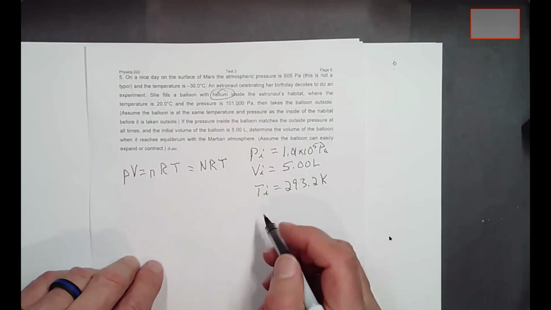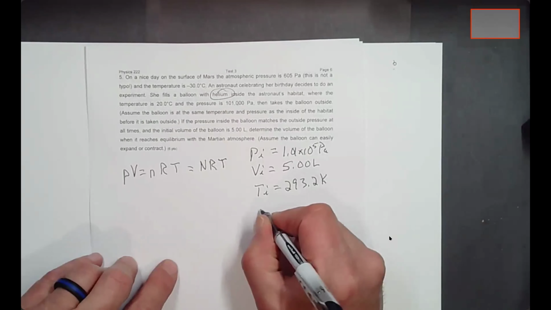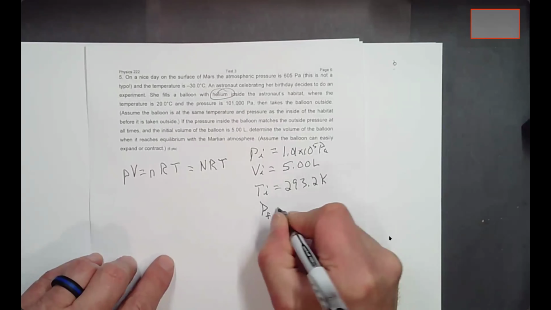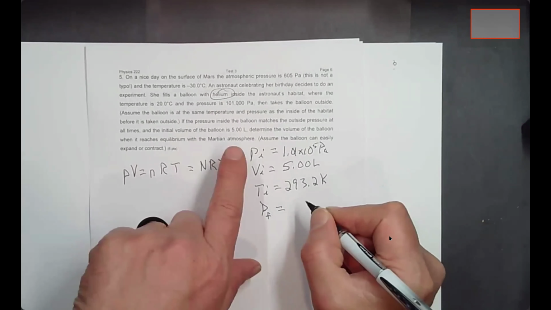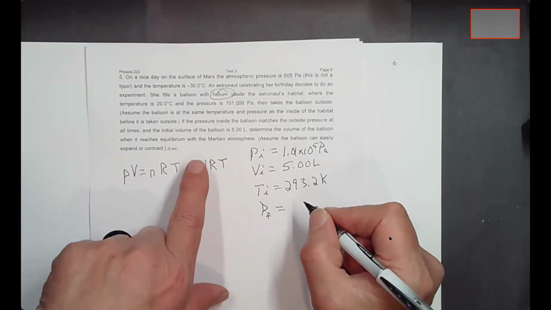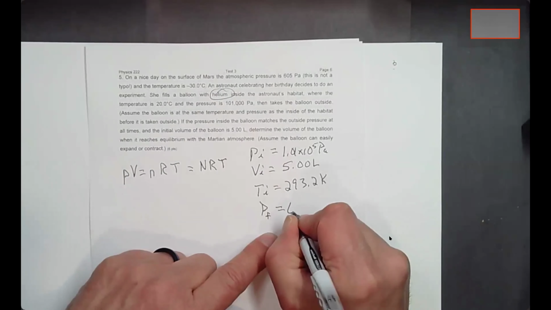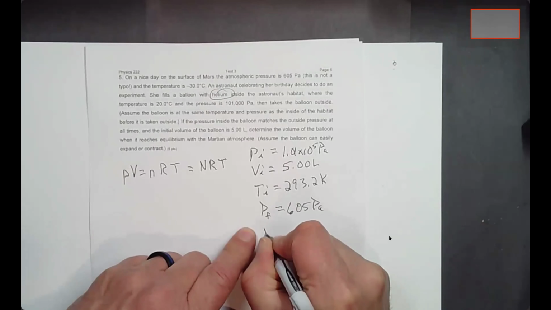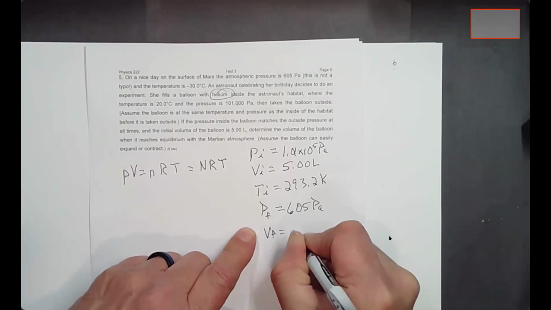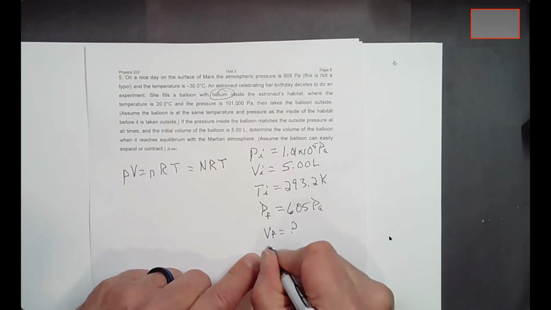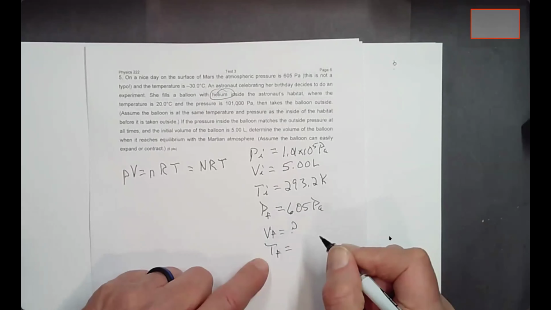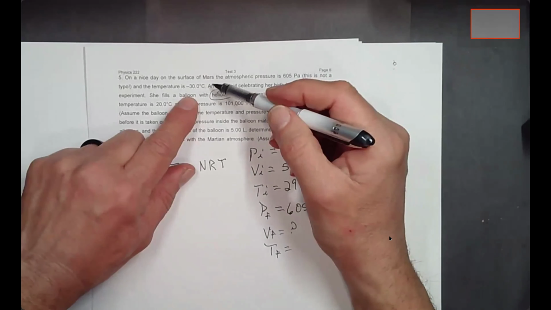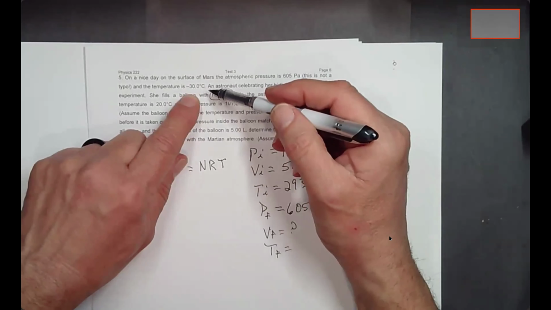The final conditions, P final is equal to those 605 Pascal. V final is what we're after, so that's a question mark. And T final is the temperature outside the habitat, and it's minus 30 degrees Celsius.